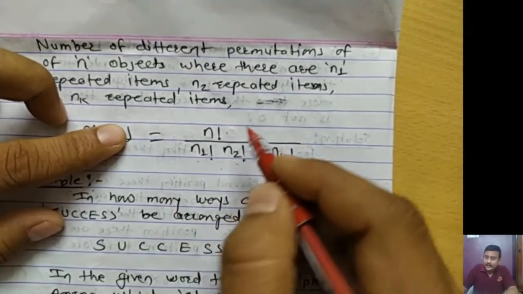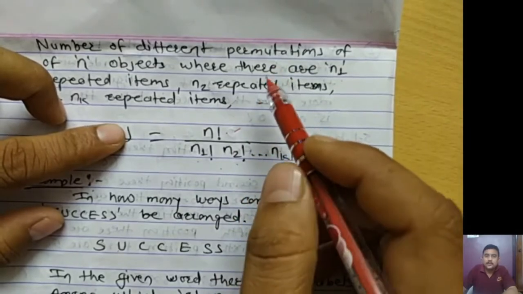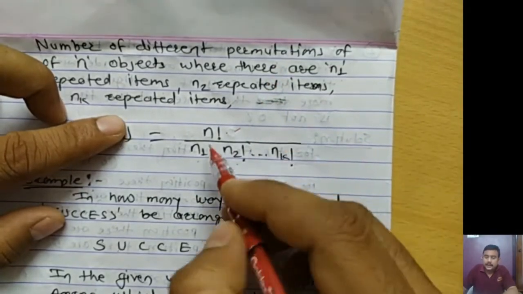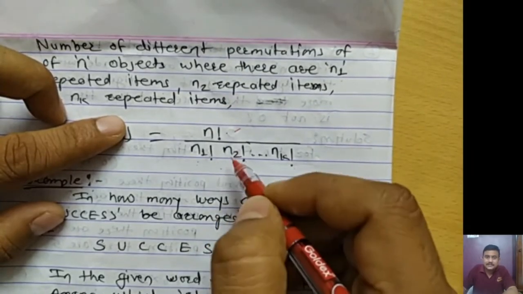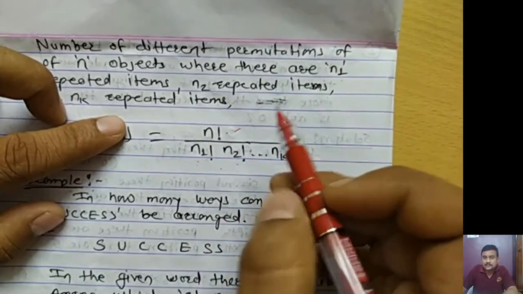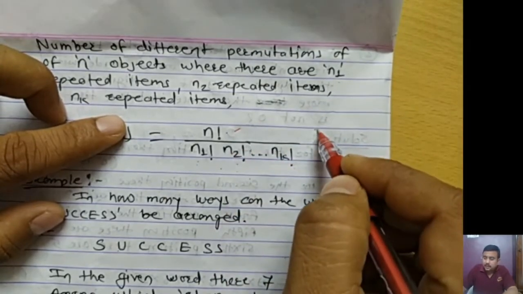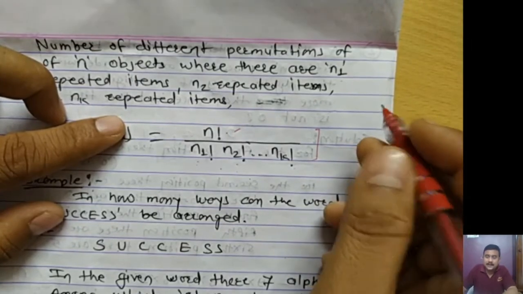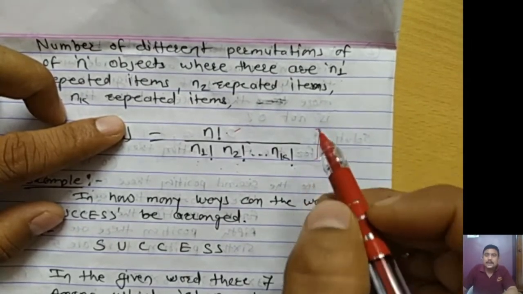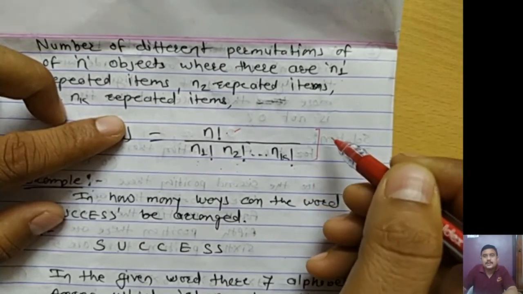Here n factorial represents the total number of alphabets or letters, and n1 factorial, n2 factorial, nk factorial represent the letters which are repeated that many times. So here we are not writing this formula as n into n factorial divided by (n minus r) factorial, just because it means that out of the given things we have to select all the things.